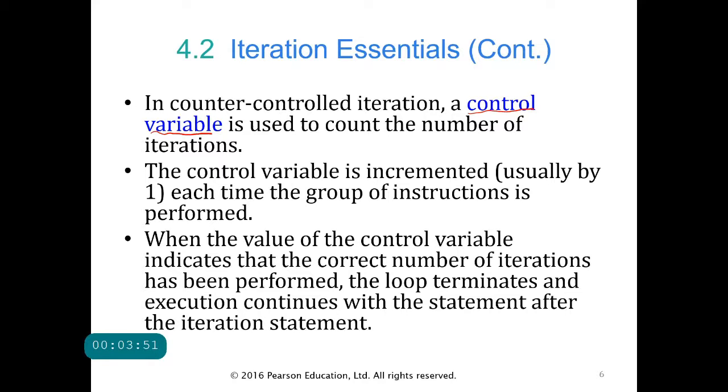And in every cycle, this control variable's value is either incremented or increased, but it can also be decreased as well. But in most of the examples that we have seen, we generally are increasing the value by just one.